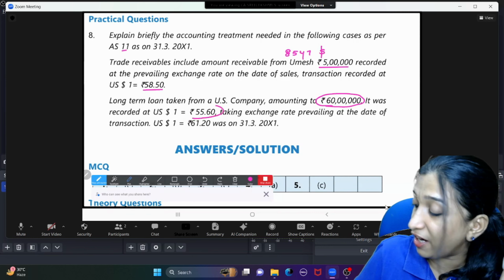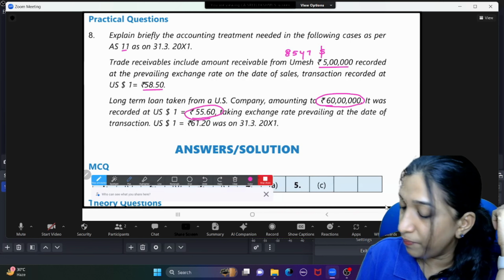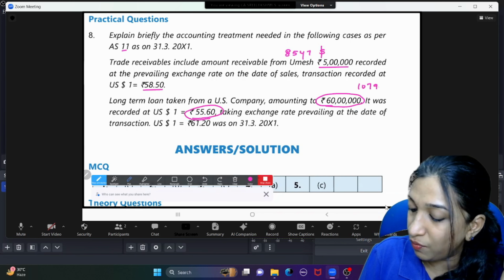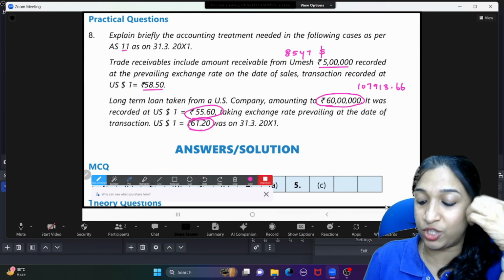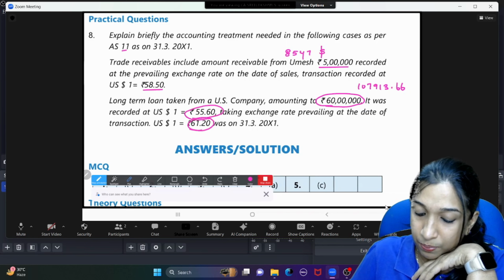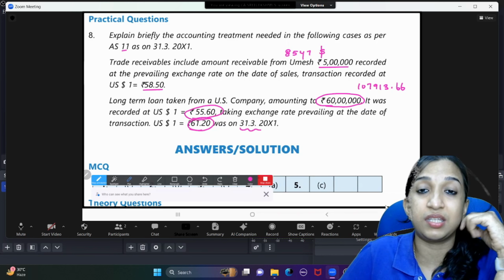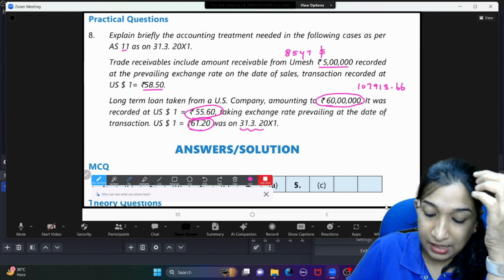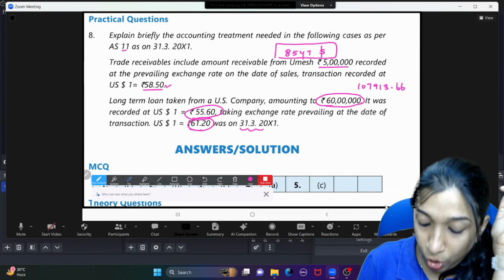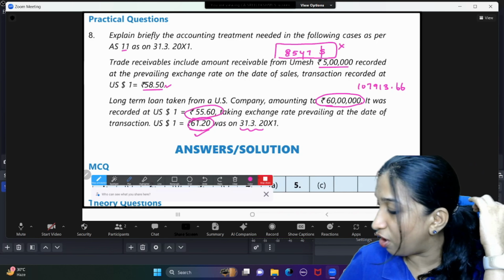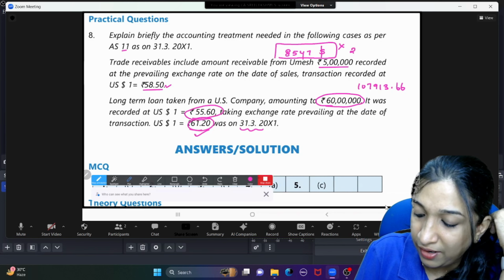Long-term loan from a US company amounting to 60 lakhs, recorded at 55.6. 60 lakhs divided by 55.6 is 1,07,913.66 dollars, taking the exchange rate prevailing on the date of transaction. On 31st March it is 61.2. So we'll write: 8547 dollars initially recorded at 58.5, closing rate 61.2. So 61.2 minus 58.5, 2.7 gain.